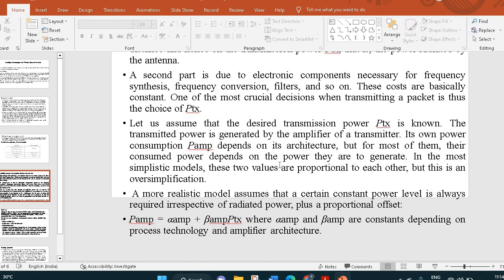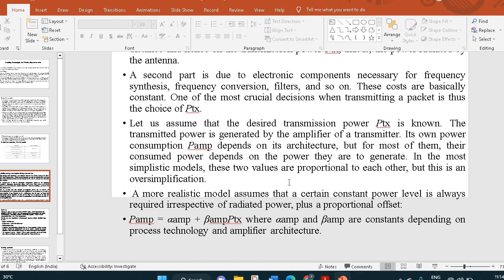Let us assume that the desired transmission power PTX is known. The transmitted power is generated by the amplifier of a transmitter. Its own power consumption, PM, depends on the architecture, but for most of them, the consumed power depends on the power they are to generate. In the most simplistic models, these two values are proportional to each other, but this is an oversimplification.